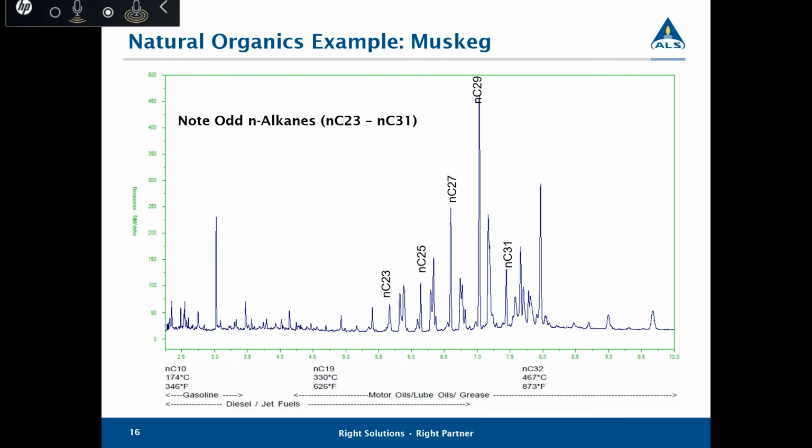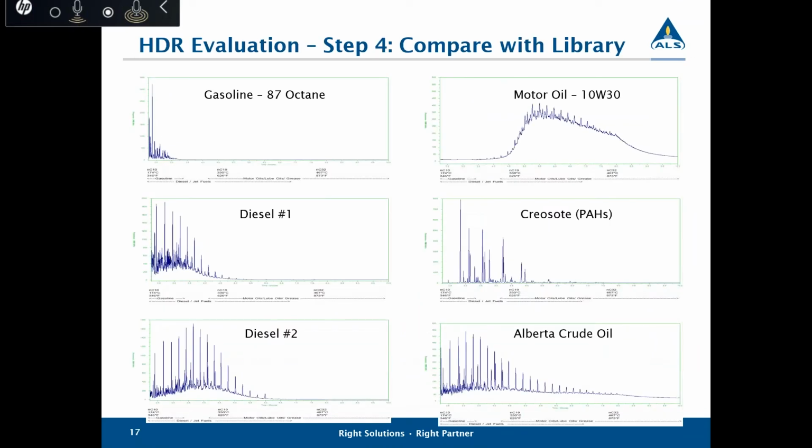The majority of those peaks will lie between the C19 and C32 range, and they are quite visible, and obviously there is no presence of the unresolved complex mixture. Most natural sources, if they are clean, won't have the UCM. Plant waxes will contain all the alkanes from C21 to C33, so that's a very good example.